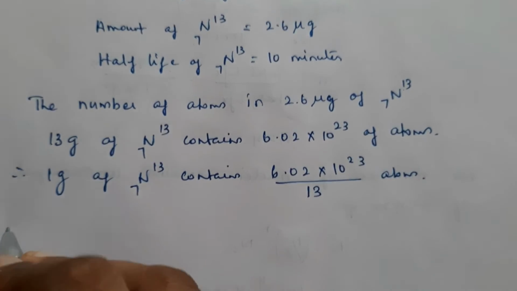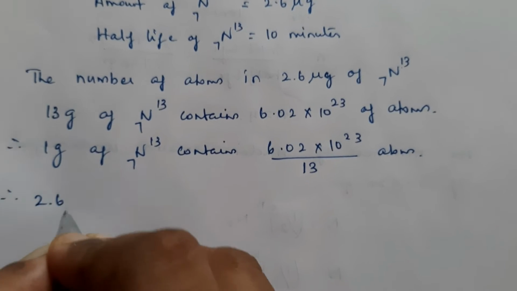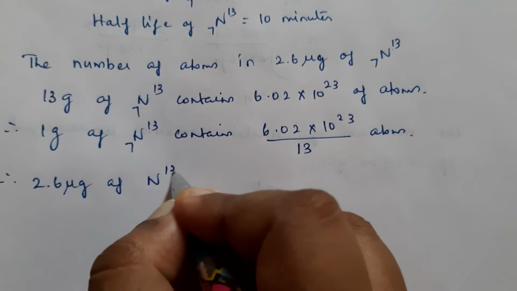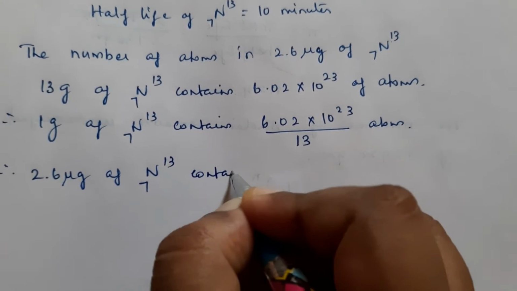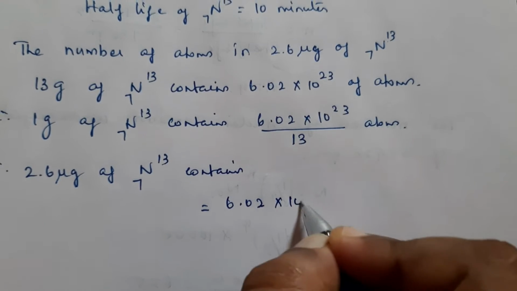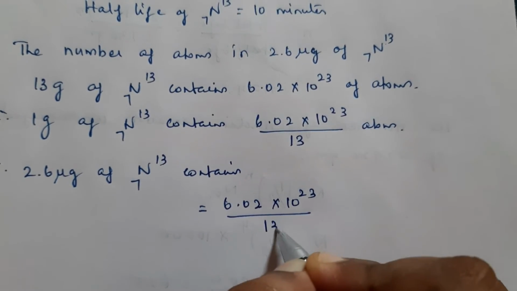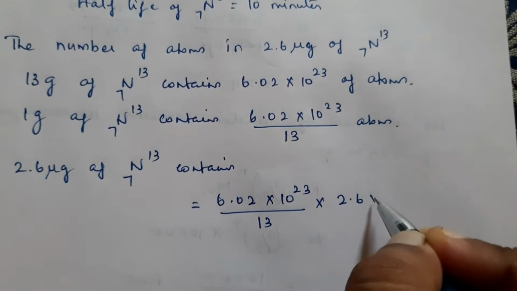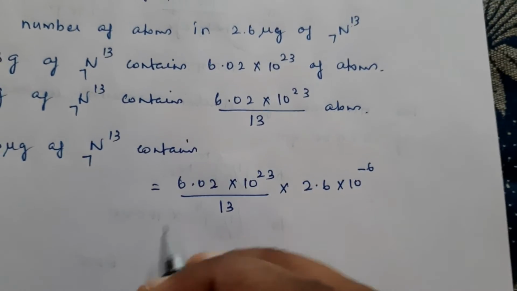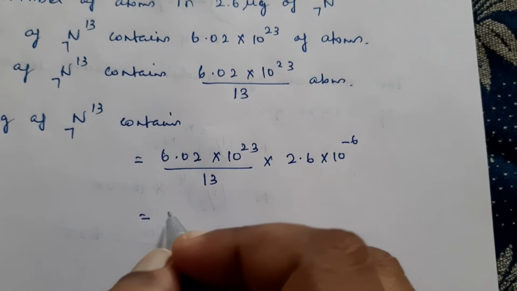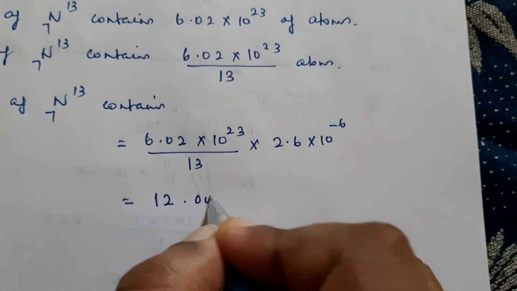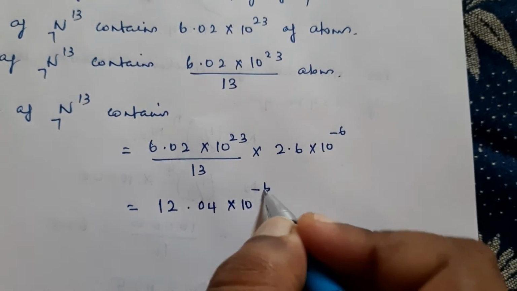So therefore 2.6 microgram of nitrogen contains 6.02 into 10 raised to 23 divided by 13 into 2.6 into 10 raised to minus 6, since it is a microgram. If you multiply and divide this, you will get 12.04 into 10 raised to 16.